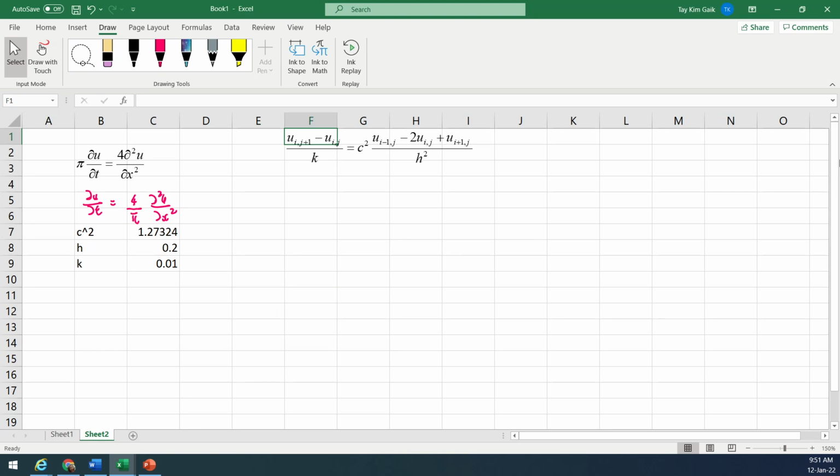If you cannot remember the coefficients of the molecule, you have to derive them again. Two-level explicit is a 2-level scheme only. So u(i,j+1) minus u(i,j) equals kc squared over h squared, which we denote as R.